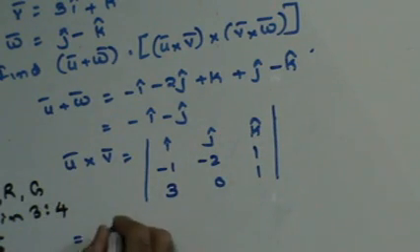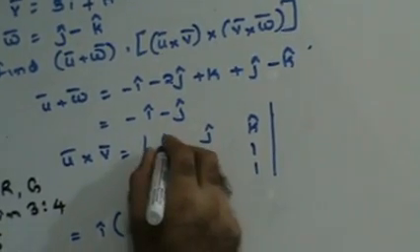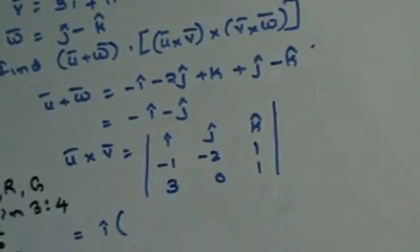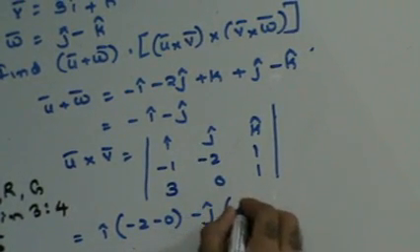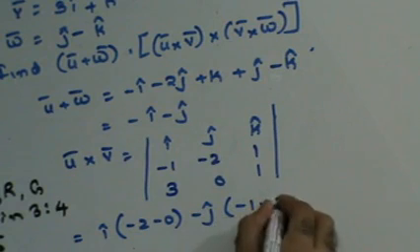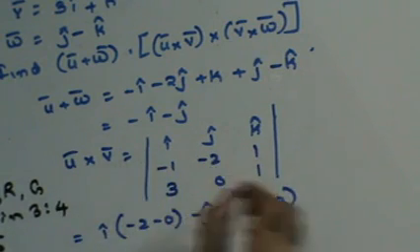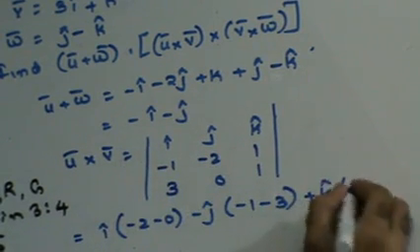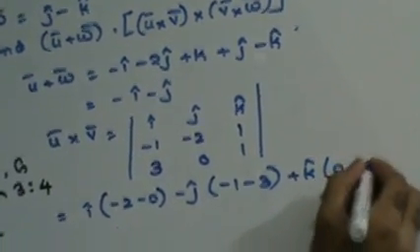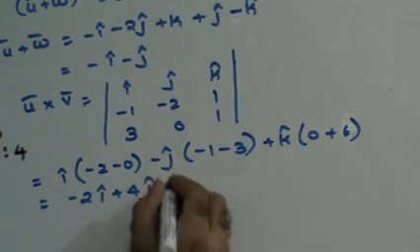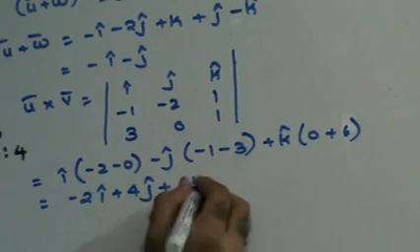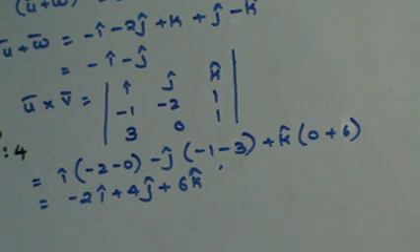This can be written as i vector, now since I'm taking i vector, I cannot take the first row and first column, so this is minus 2 minus 0, minus j vector, minus 1 minus 3, principal diagonal minus the other diagonal, plus k vector 0 minus into minus plus 6. So this is minus 2i vector plus 4j vector plus 6k vector. Fine.